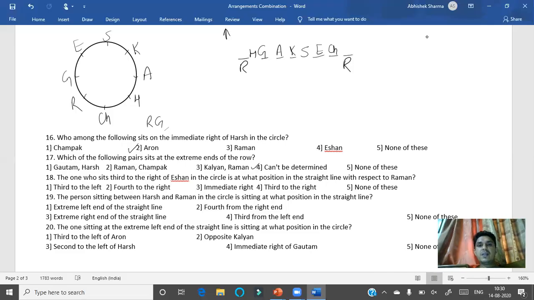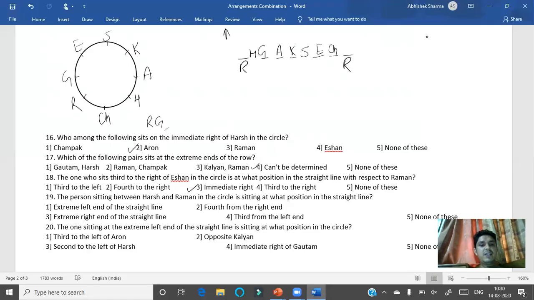Champak and Raman. So the third to the right, no. Fourth to the right, no. Immediate right can be. Third to the right, no. So it can be immediate right, but the option is not there. So none of these would be there. So we can mark immediate right in this question, right?